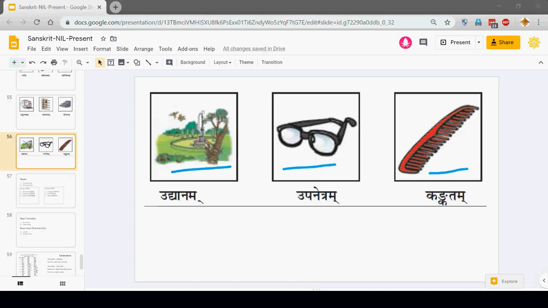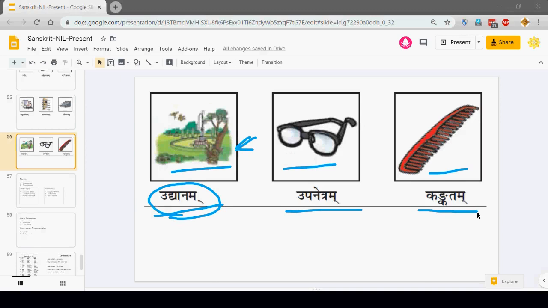When we say gender, the lingam is associated with the word, not with the actual object. Udyanam is of neuter gender. Upanetram is neuter gender. Kankatam, the word, is of neuter gender.